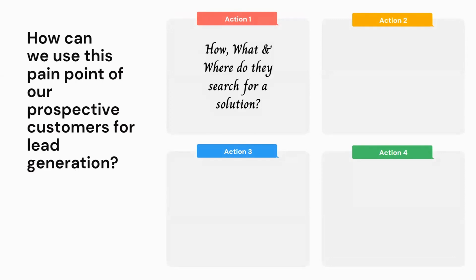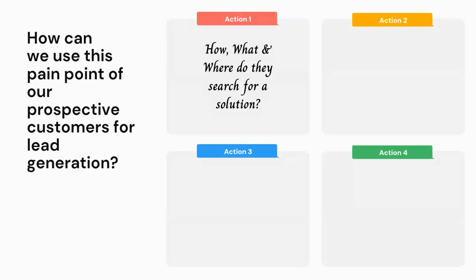So the first action is: how, what, and where do these clients search for a solution? Now you've identified a problem that these marketing agencies often receive complaints from their clients about inadequate reporting, not having enough transparency in the campaign progress, and the tracking of important marketing KPIs.